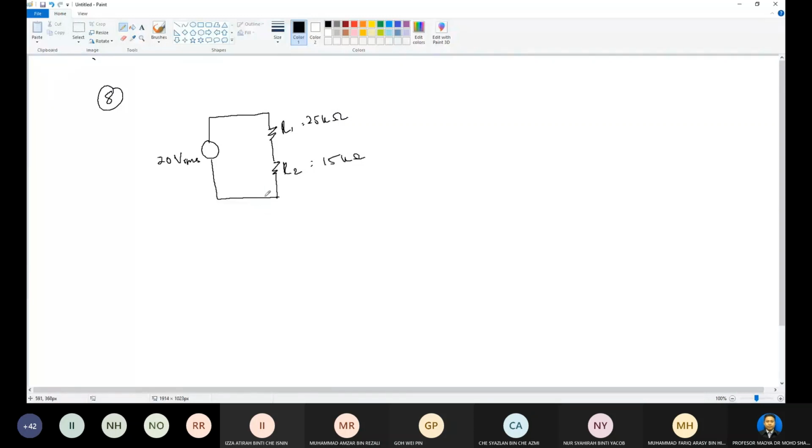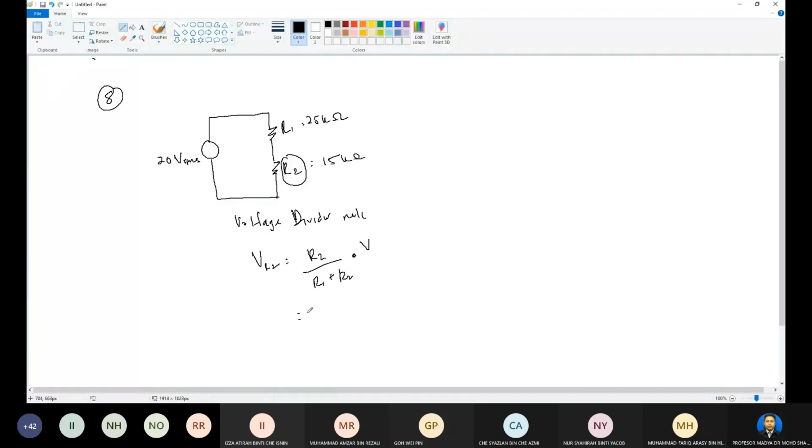All right. First we want to measure the voltage across the R2. If you want to measure the voltage across R2, we can calculate using the voltage divider rule, right? So to calculate the voltage, VR2 equals R2 over R1 plus R2 multiplied by VRMS.